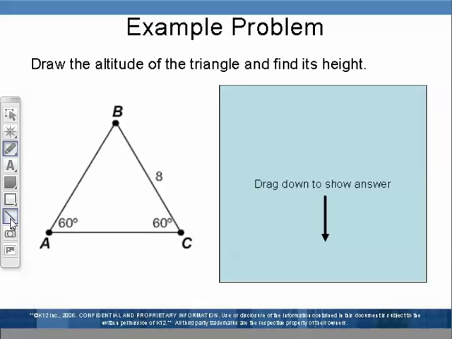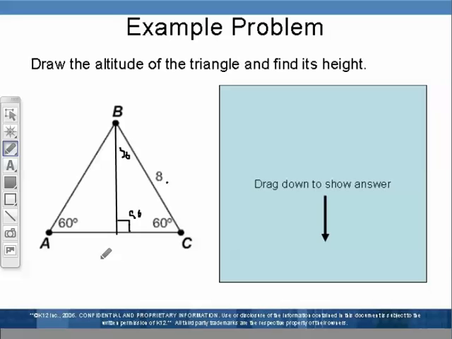Okay? A lot of people say, but there's a lot of triangles that are equilateral triangles, just like that one. And you're right, there are. What I do with an equilateral triangle is I almost always divide it in half, making a 30, 60, 90 triangle.